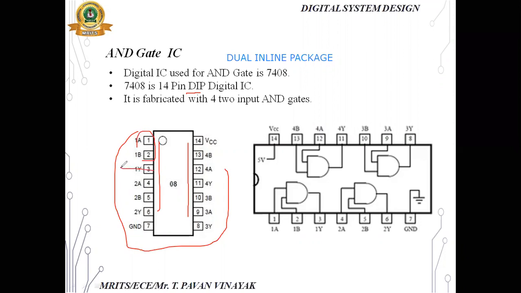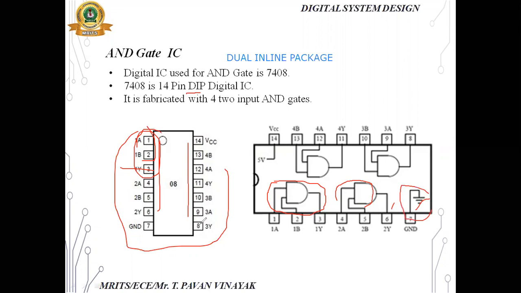Third pin is output. So it is one AND gate. See how the internal circuit is arranged. This is the internal circuit. Next, 4, 5, 6: 4, 5 are inputs and the sixth one is output. The seventh one is ground.